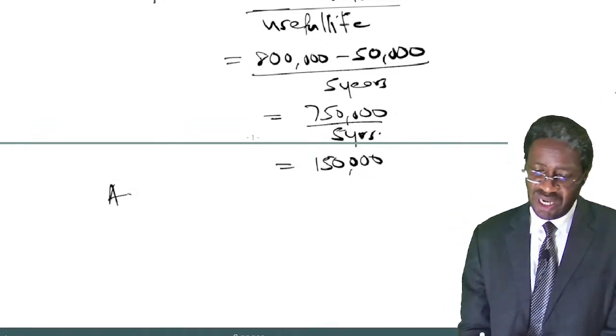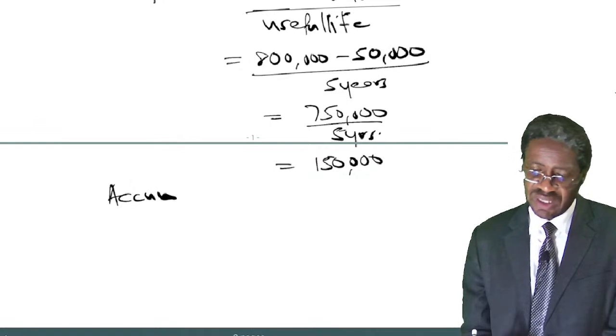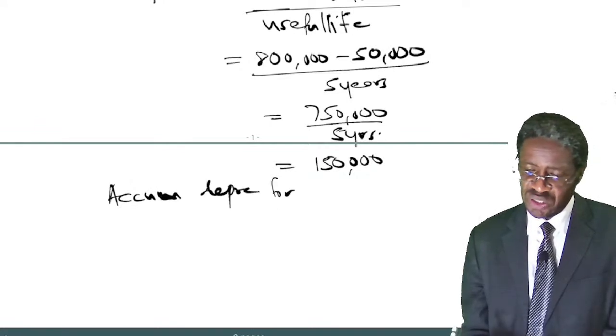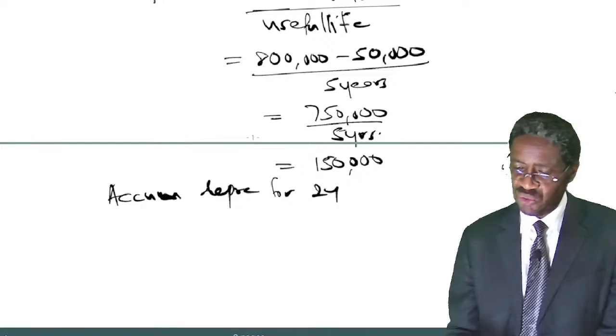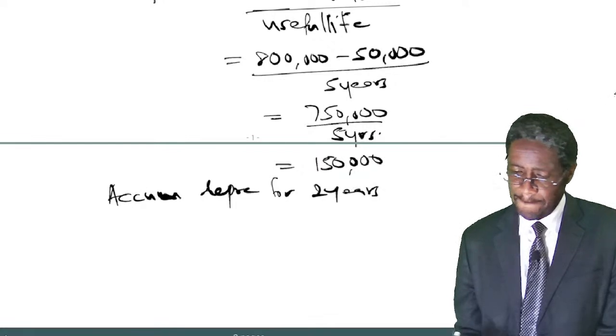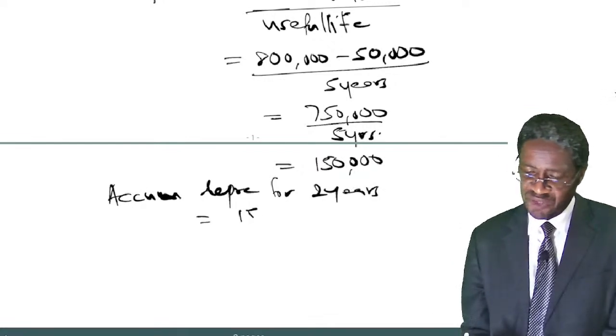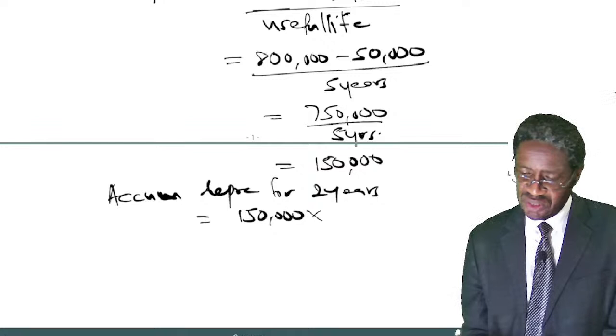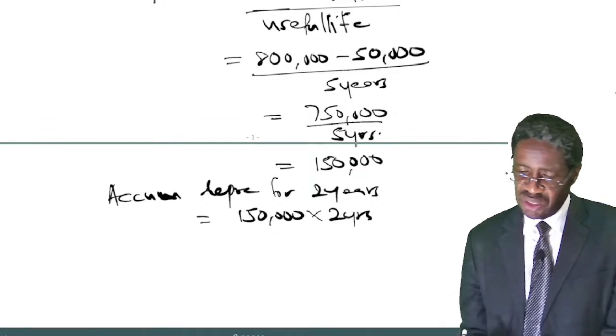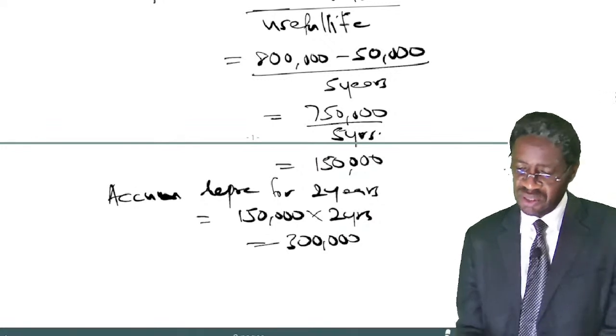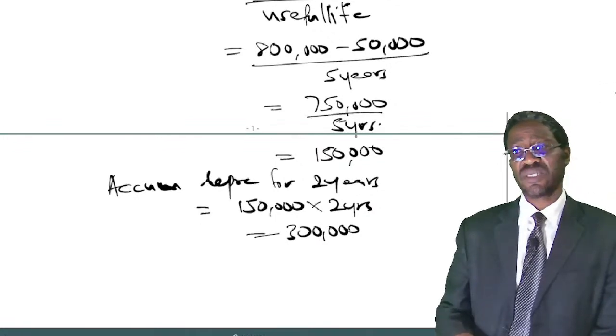So you can say down there, accumulated depreciation for 2 years. It will be 150,000 times 2 years. And that gives me 300,000.